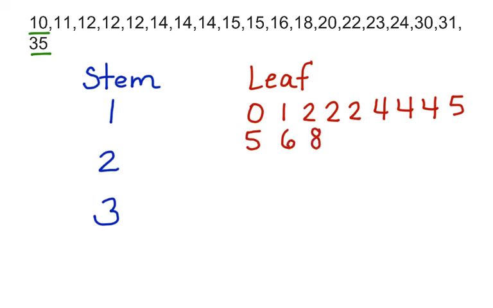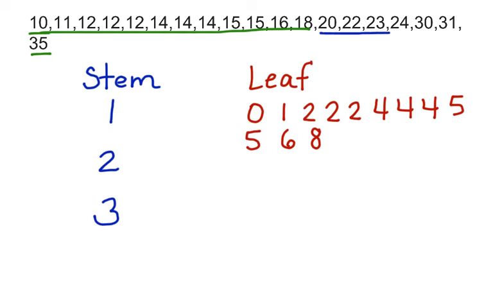We can say them as 10, 11, 12, 12, 12, 14, 14, 14, 15, 15, 16, and 18. And you can see that those are the values that are listed right here.